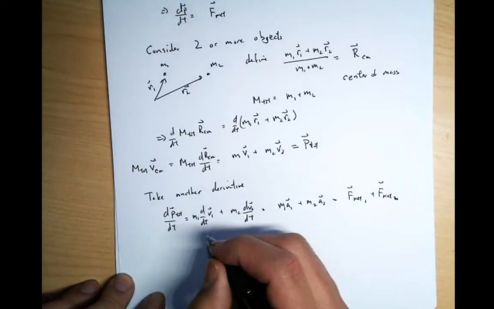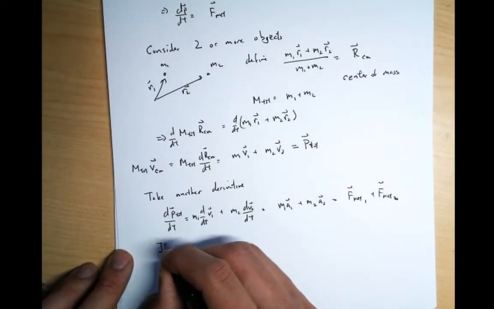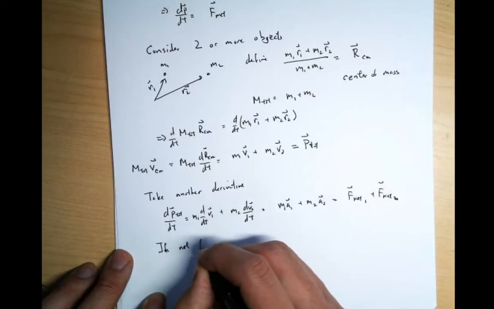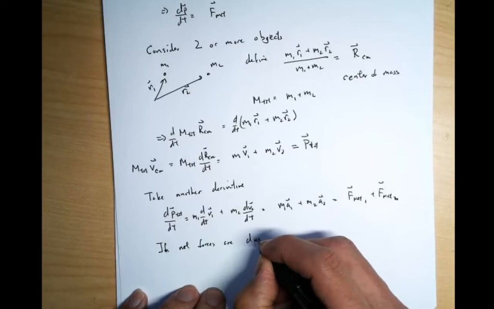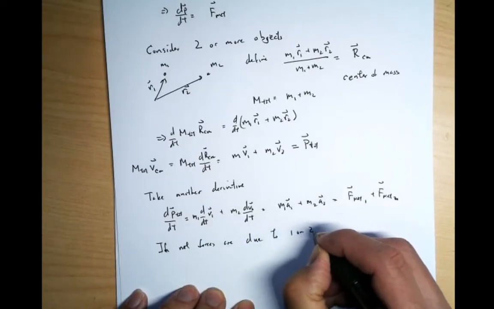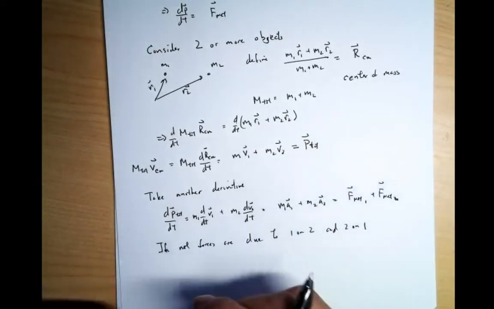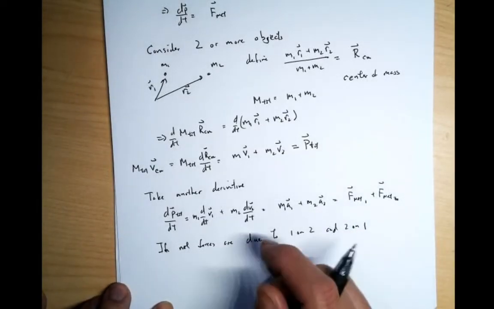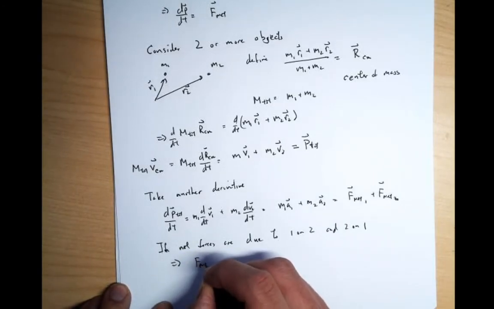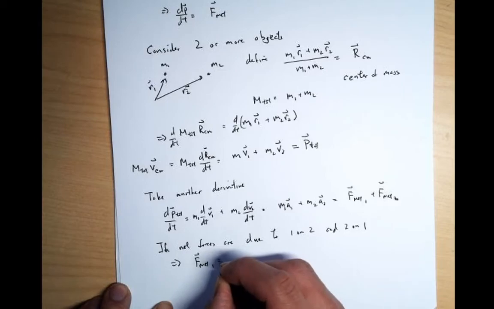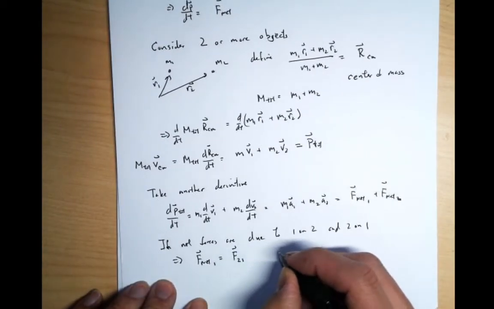Now, if the net forces are due to 1 on 2 and 2 on 1, so there's no external forces here, right? What that means is that F net on 1 is basically the force that 2 exerts on 1.